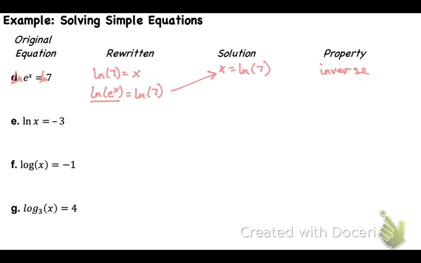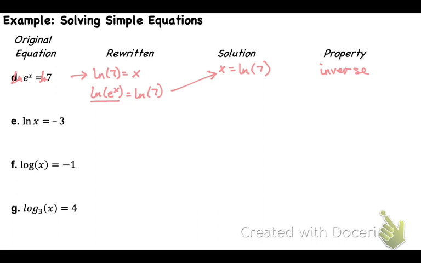So whichever method you want to do, I just switch forms. I think it's easier, less hassle. There's times I have to take the natural log of both sides, and there's times I don't. If you're good at changing from logarithmic to exponential and exponential to logarithmic, just do it. You're still using the inverse property, just in a different way.